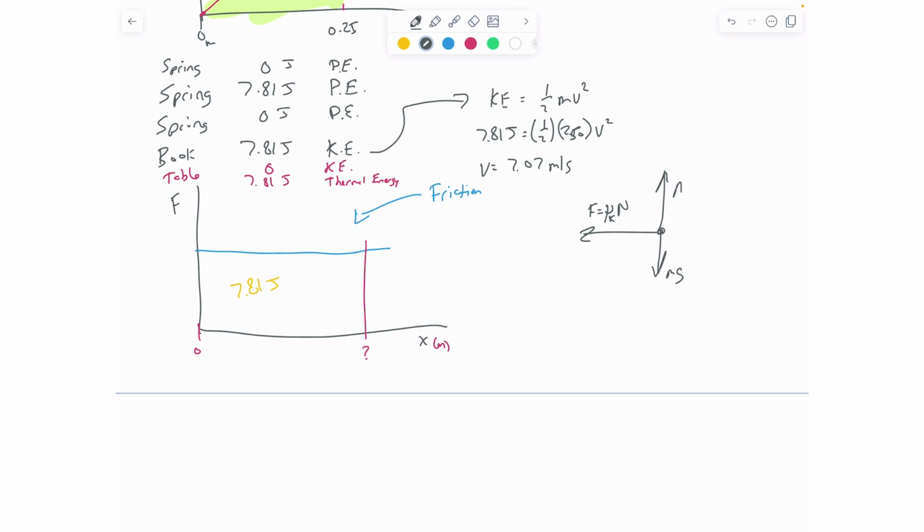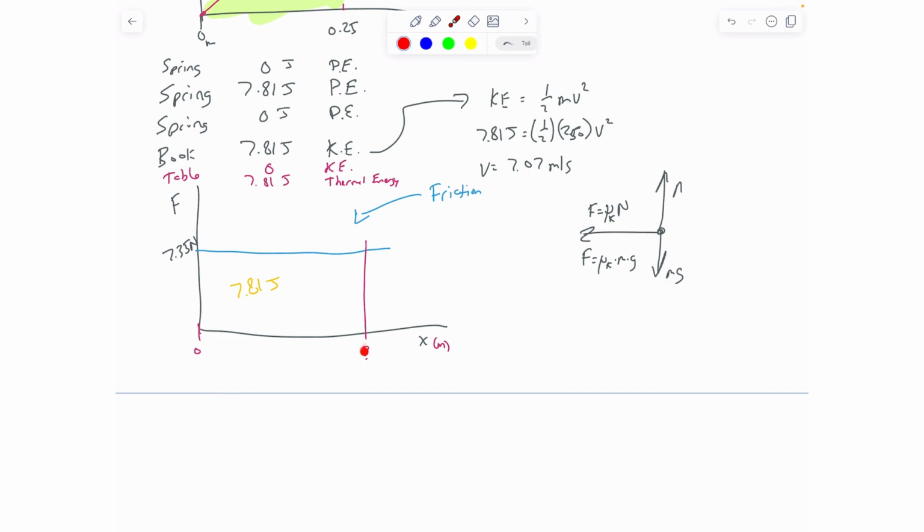So the force of friction is mu sub k times m times g, and if you do that, you'll get 7.35 newtons. So now I know this, and I know this, but I don't know this.